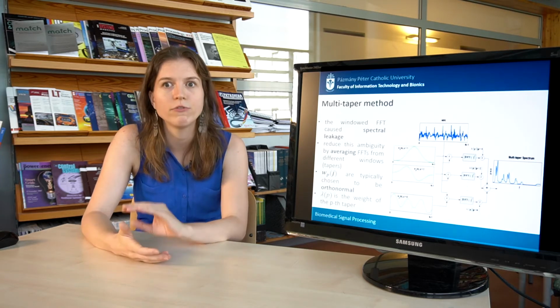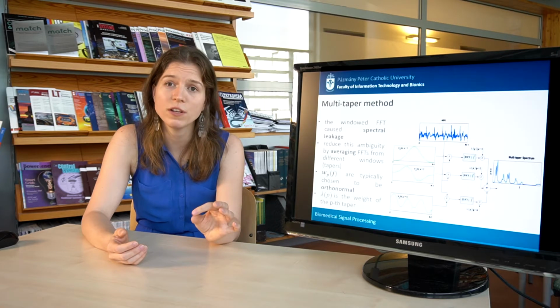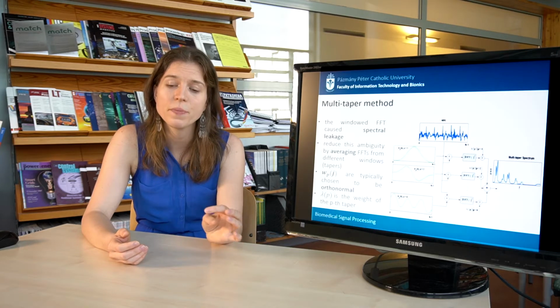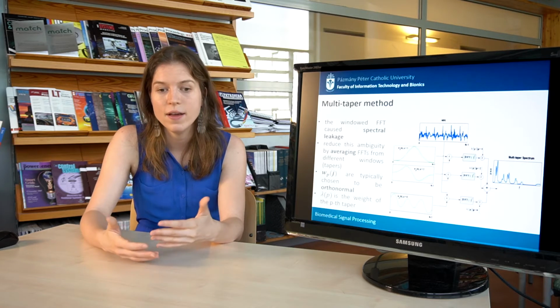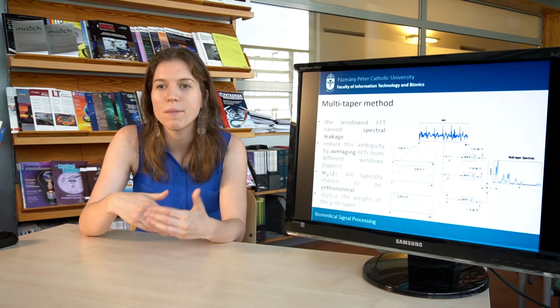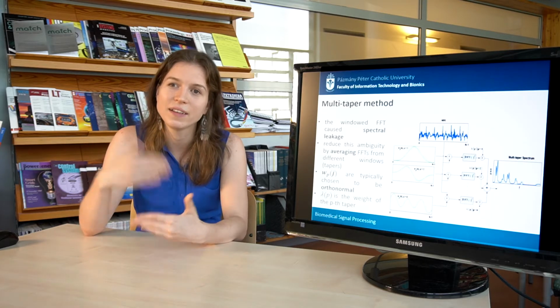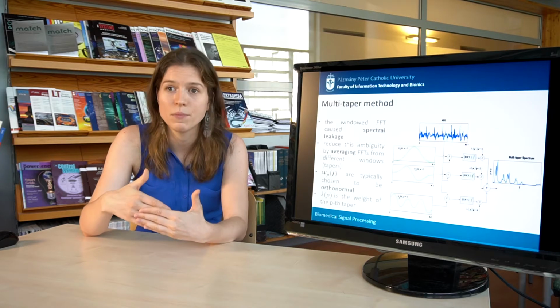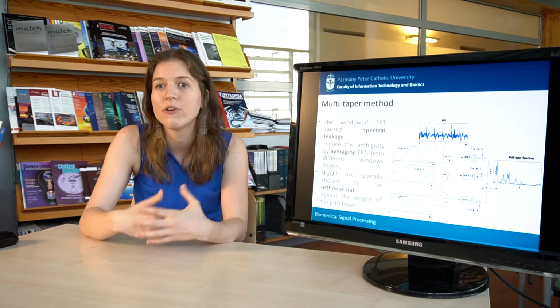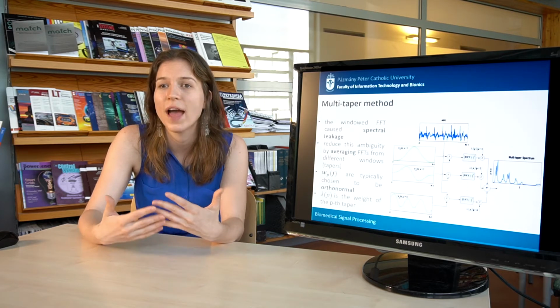Why is this so? If you remember synchronized averaging from the filtering lecture, we have shown there that with the number of averaged samples, the variance, the noise, will decrease. So the smaller the noise will be, the more samples you have.